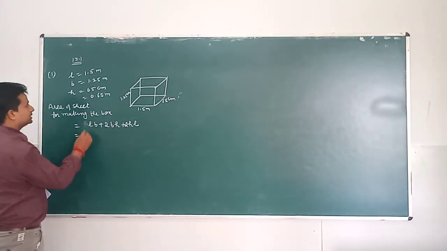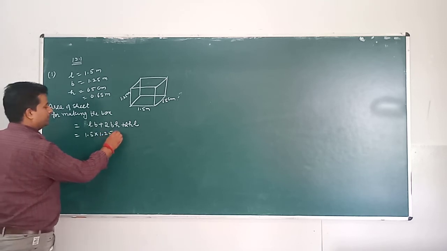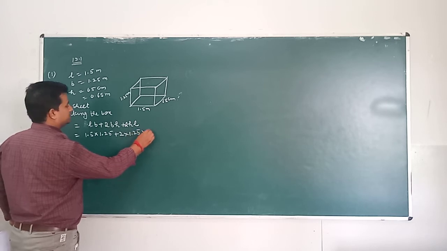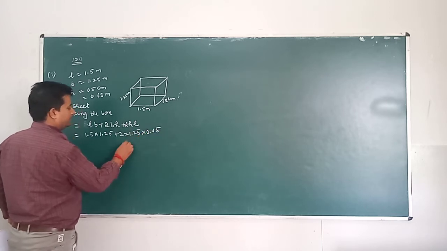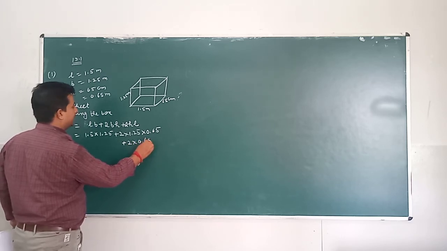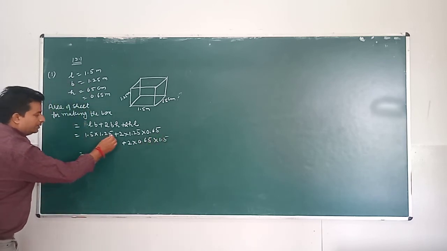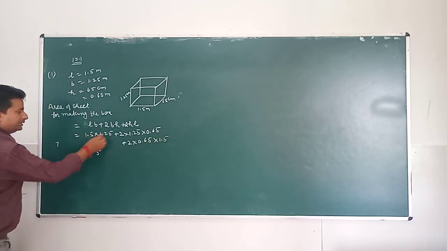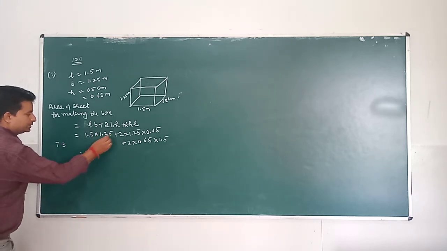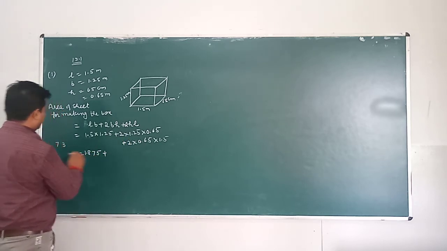So the length is 1.5, breadth is 1.25, and height is 0.65. So this is 1.875, this is the area of the base.